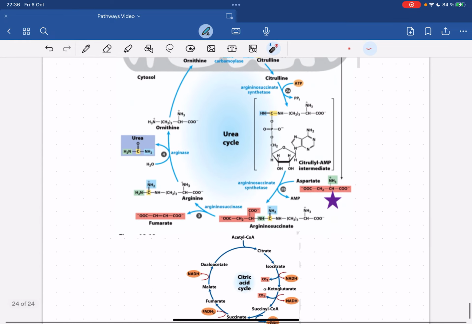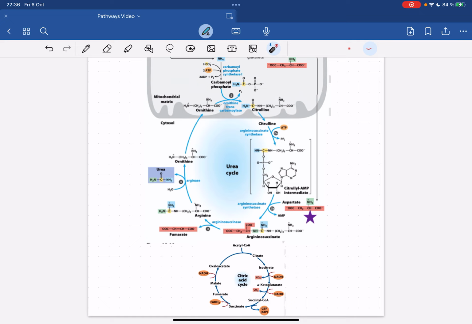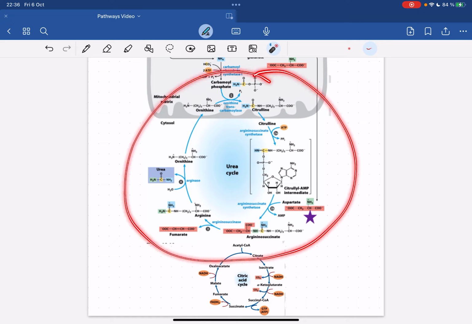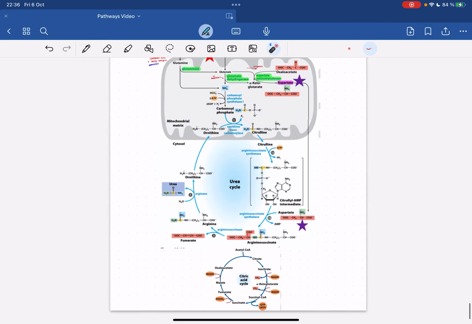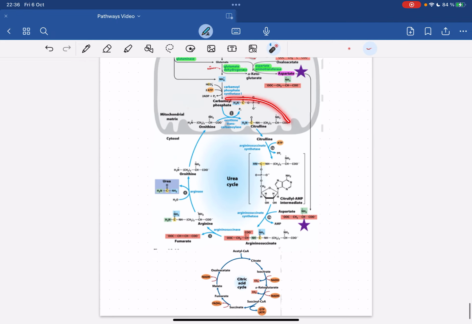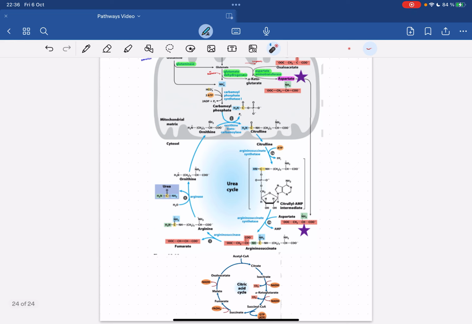Now, an easy way to remember the urea cycle I've noticed is that a lot of the components in the urea cycle kind of mirror what happens in the citric acid cycle. And another interesting thing is that Krebs, after whom the citric acid cycle, the Krebs cycle, is named, also sort of found out about the urea cycle, and he realized that these two, the urea cycle and the citric acid cycle, are actually intertwined.